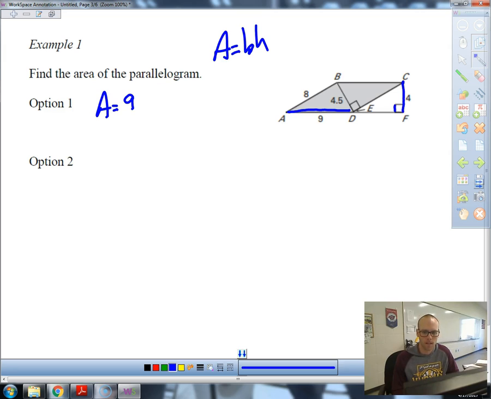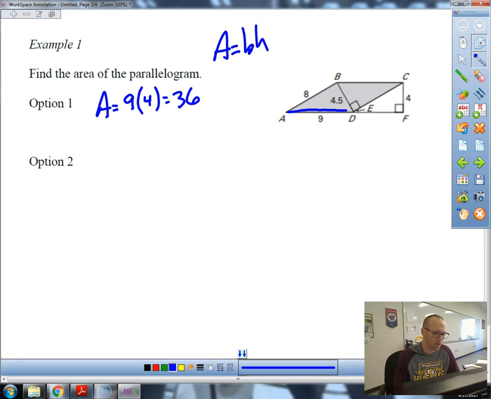See how it forms a right angle if I extend my base right there? Isn't the distance between these two bases 4? So one way I could find the area of this parallelogram is to take the length of the base 9 times the height, which is 4, gives me 36 square units.